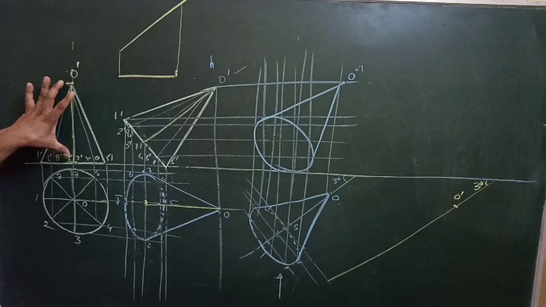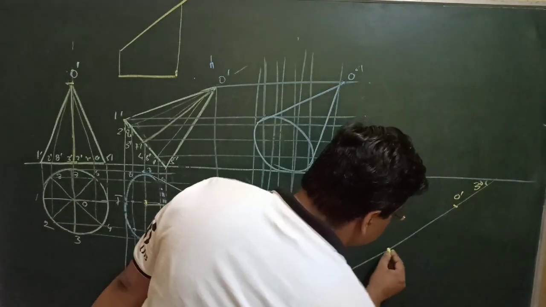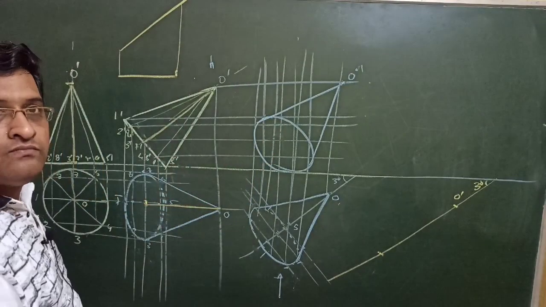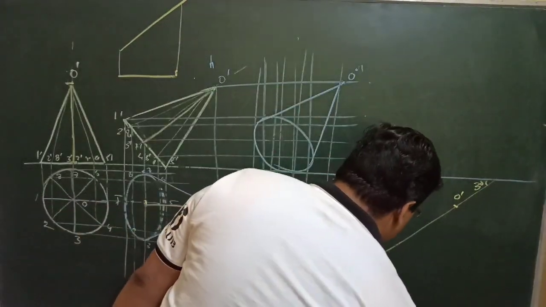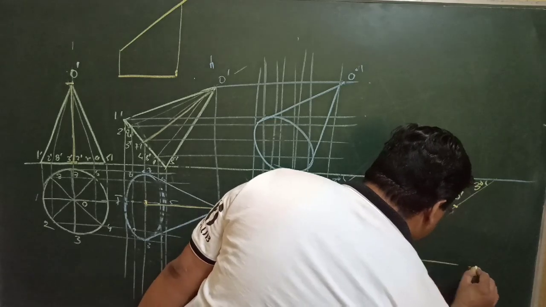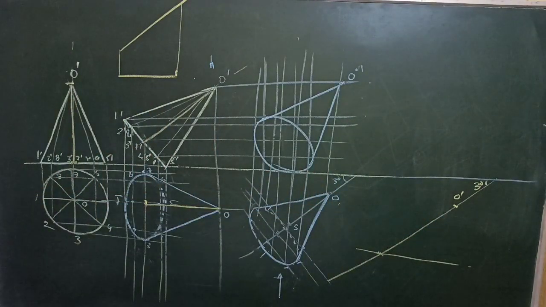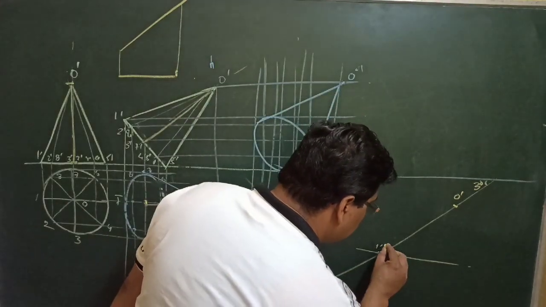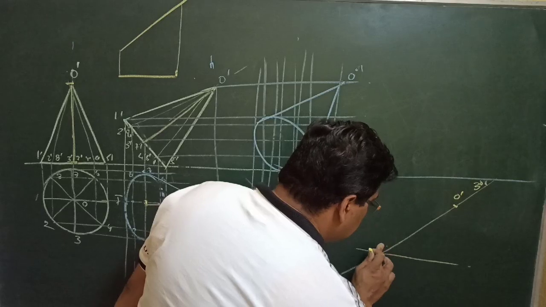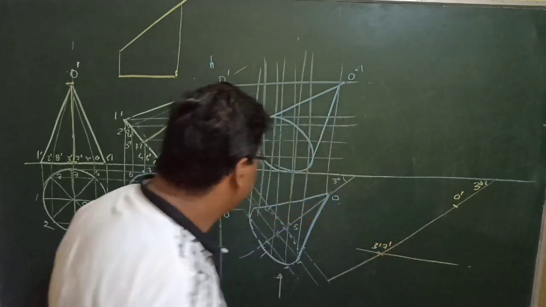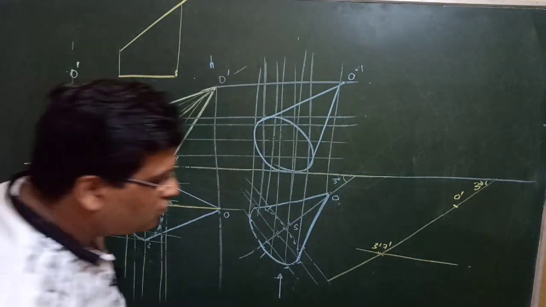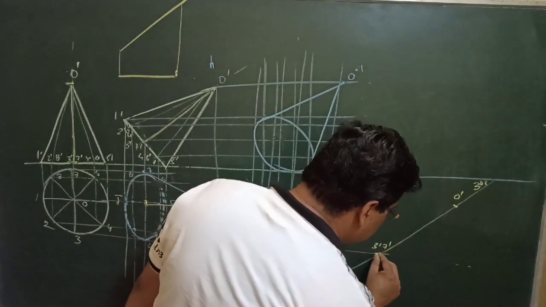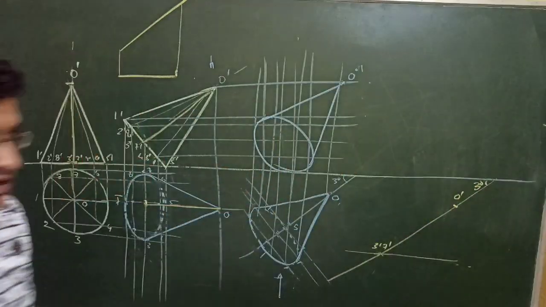So this distance 80 mm you have to mark here first. Right? Then draw a horizontal line, that is locus of this point, that is 1 dash, this is 3 dash 7 dash. So draw a horizontal line which will represent locus of this 3 dash 7 dash.